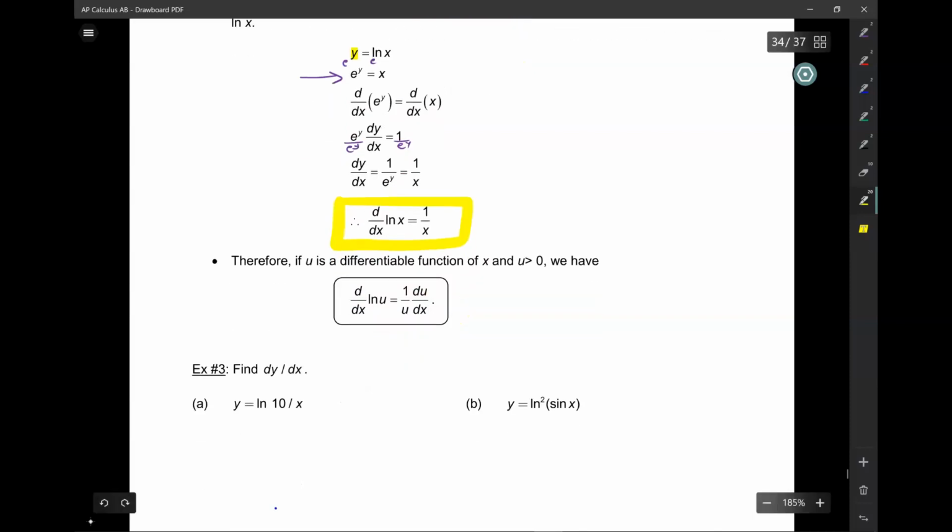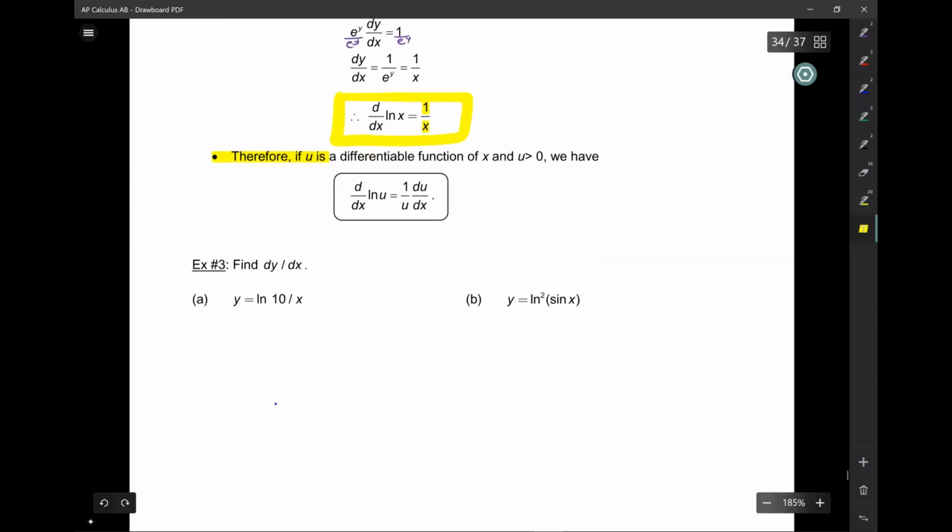That's it. So now, if u is a differentiable function, then the derivative of ln of u is 1 over u du dx, chain rule, okay? So u is the inside function, so you do 1 over u times the derivative of the inside.